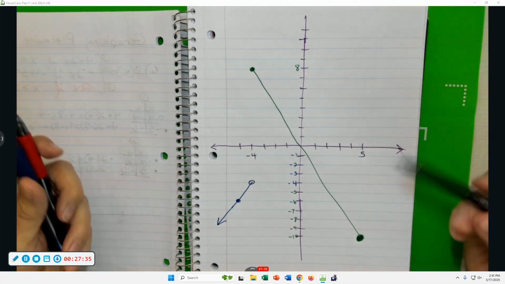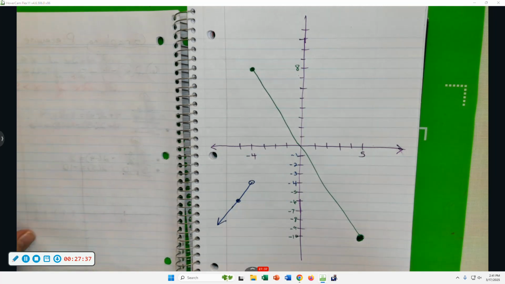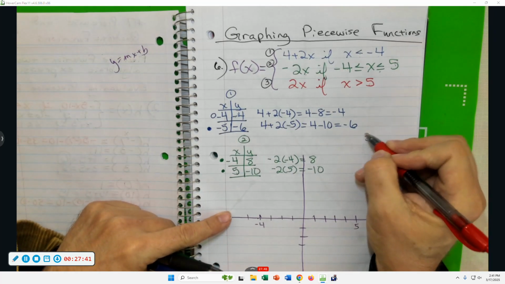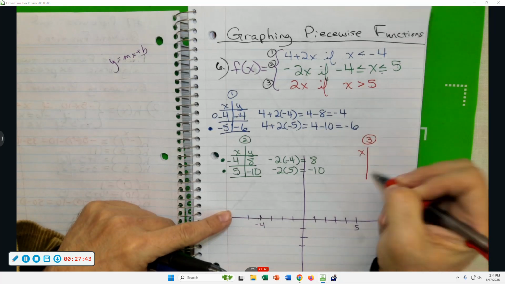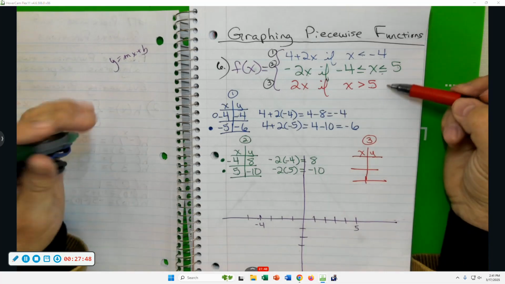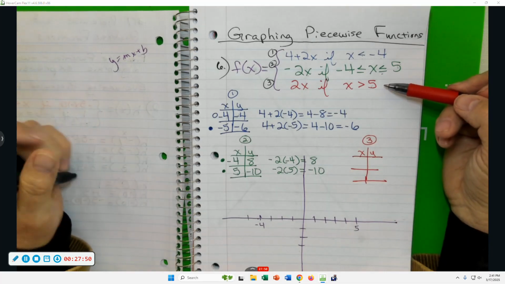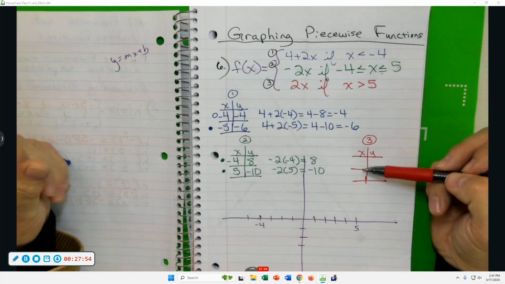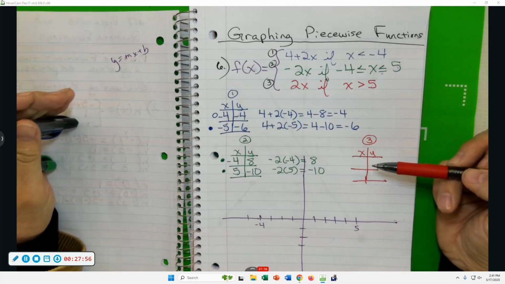There's one more piece, the red piece. Let's make our table here. This will be the third table. Look at the inequality. Are we going to have to make up an x value? Well, first of all, what's the first x value I have to write here on the table? 5.